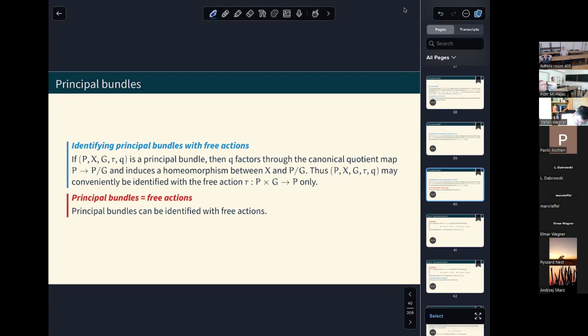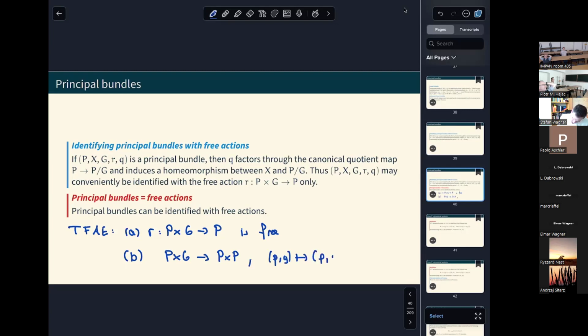The following are equivalent: A, the map R from P times G to P is free; and B, the map from P times G into P times P, which maps the pair (p, g) to (p, pg), the translation, is injective. This is a nice exercise for topology students.